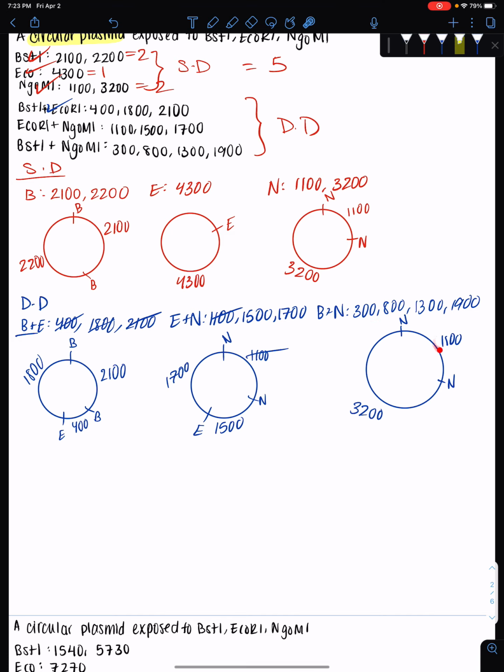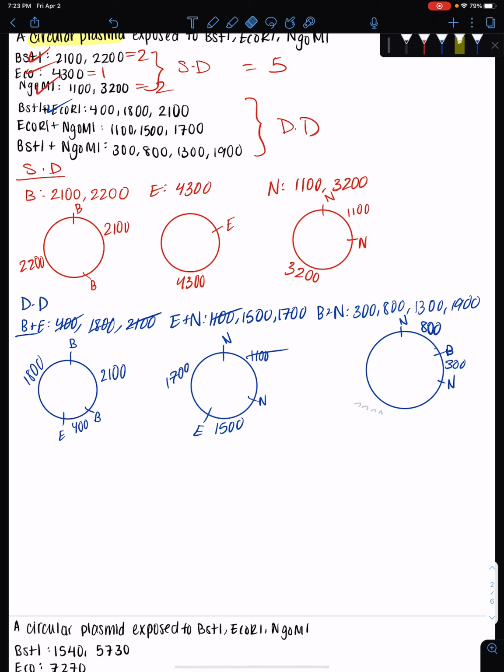So we can split this into these 2 numbers using B. So let's use B. And this little area here is going to be worth 800. And this smaller area is going to be worth 300. And this 3200 area is going to be split into the last numbers, which was 1300 and 1900.